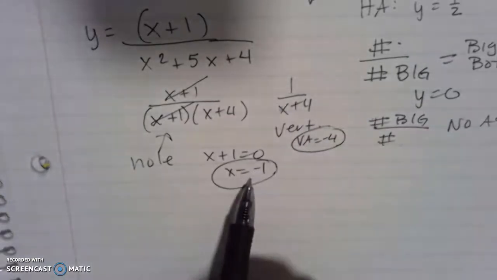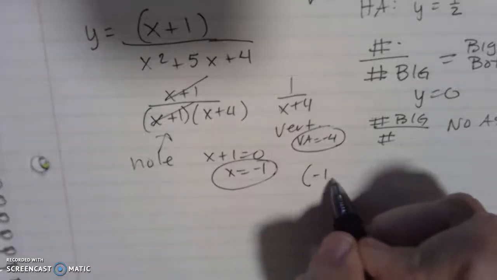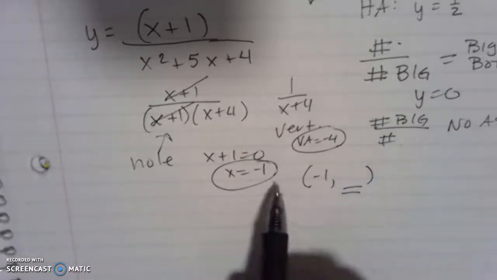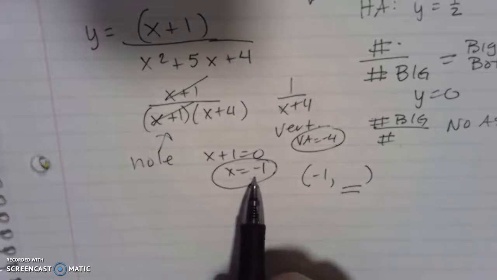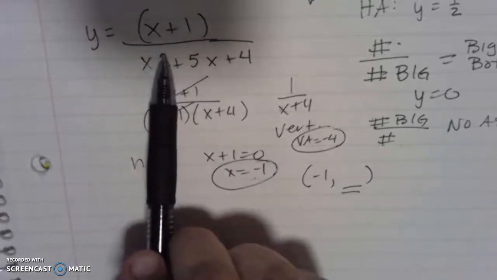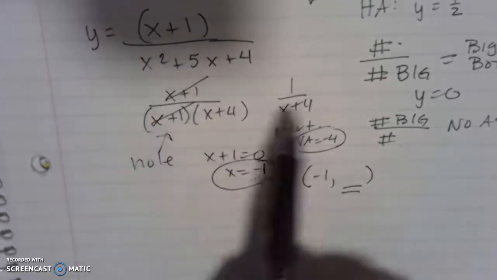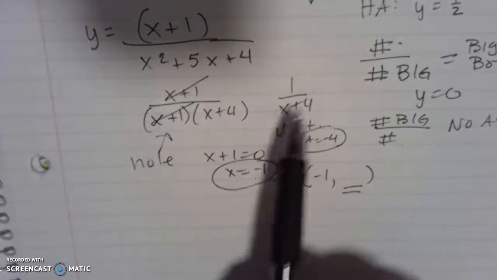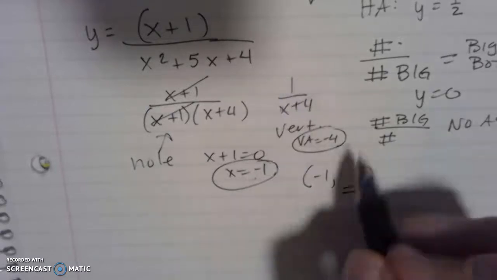Now, if I wanted to know the actual point where the hole is at -1, where do I plug this in? I don't plug it back into the original equation because we already discovered that doesn't work. You plug it into the factored one, so I'm going to get 1 over 3.